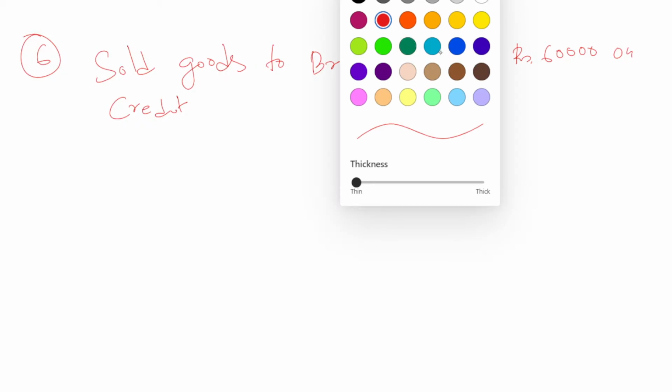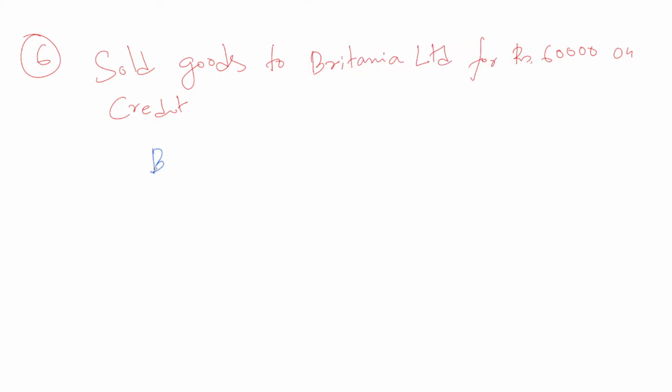You have given the right answer. Britannia Limited debit 60,000 to sales account. So this is the transaction for credit sale. One thing to remember: after a personal account, do not write account, because this is not the full account. Personal account is generally recorded without mentioning account.